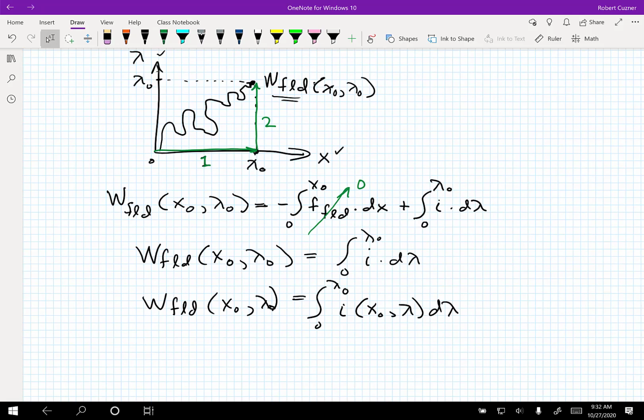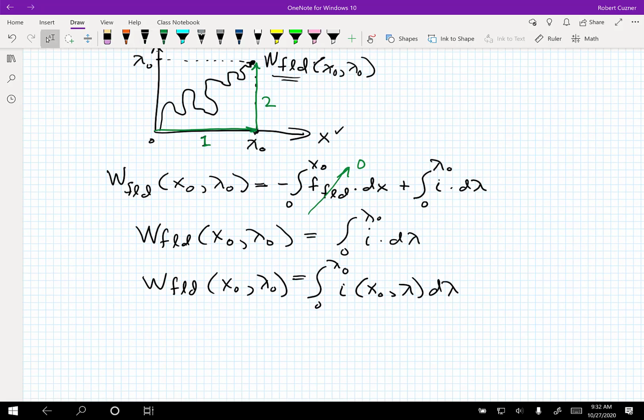And now we also know, to recall, what is lambda? Lambda is equal to the inductance times the current, right?